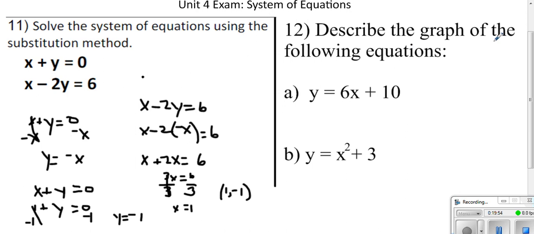It says describe the graph of the following equations. This is a linear function. It's a linear function. This one here is non-linear.